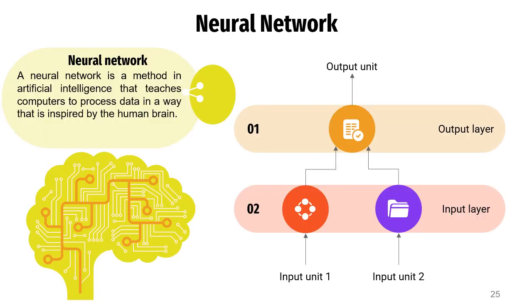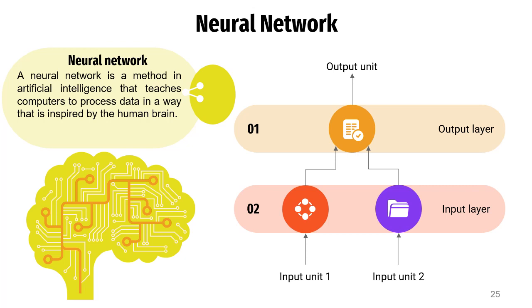Okay, this is a basic neural network, which is the multi-layer perceptron concept. Let's see what a neural network is. A neural network is a method in artificial intelligence that teaches the computer to process data in a way that is inspired by the human brain.